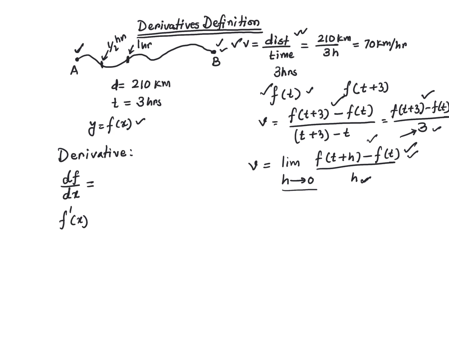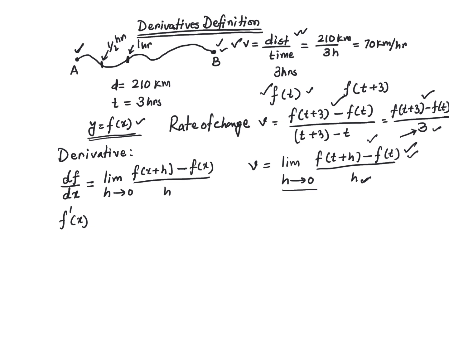So df over dx is equal to the limit as h approaches 0 of f of x plus h minus f of x divided by h. That's the derivative of the function y is equal to f of x, or the instantaneous change in the values of this function, also called the rate of change, is given by this formula.